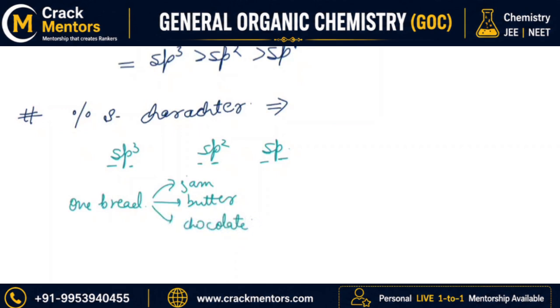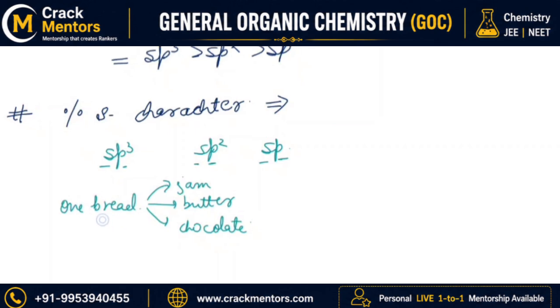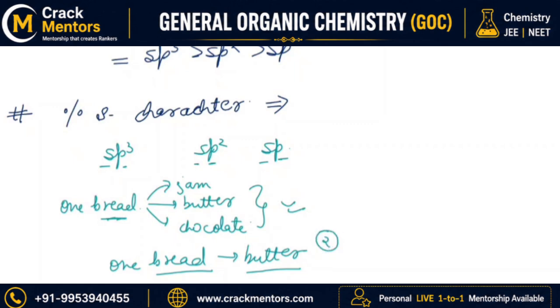So the percentage S character, or you can say the taste of bread, will be different, because on the same bread you are applying 3 things, so the taste of bread will somewhat dilute. And suppose there is only one bread and you applied only butter, so now you are having the taste of bread and butter only, 2 tastes are there, so the taste of bread will not be diluted. I hope these examples help you.